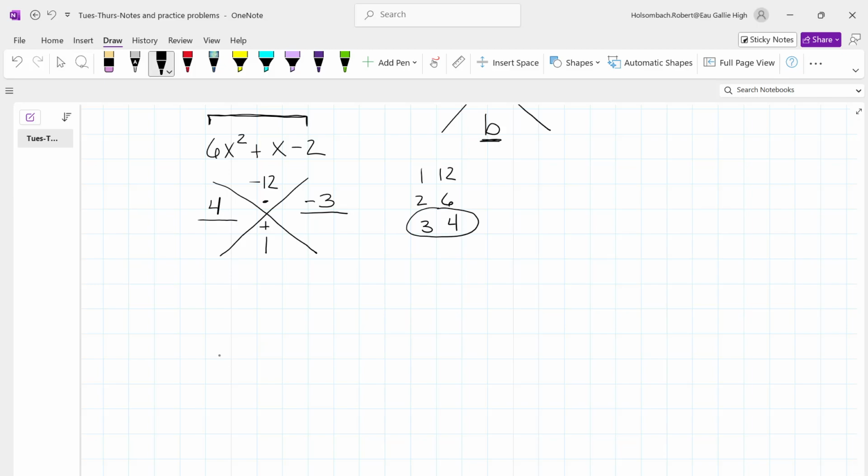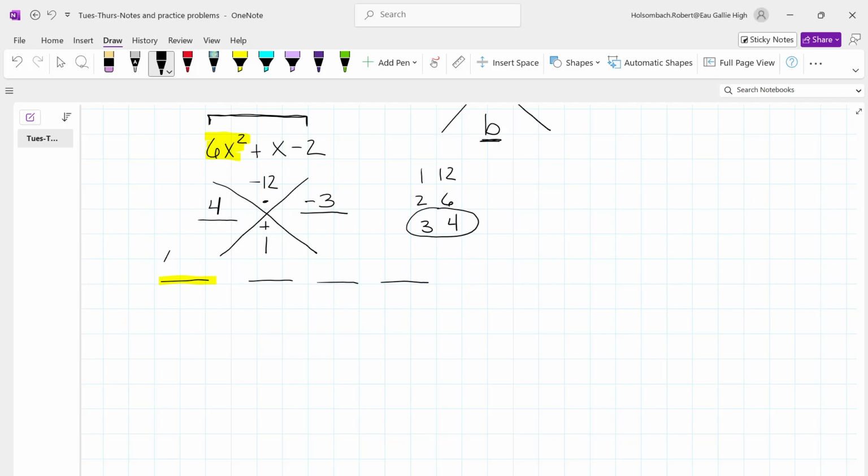All right, our next step is right here. We're going to go 1, 2, 3, 4. In these 4 slots, our first term in the original trinomial goes in this first slot.